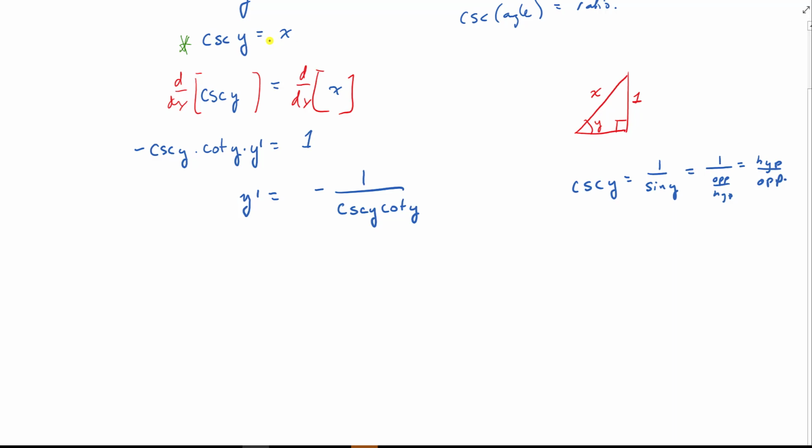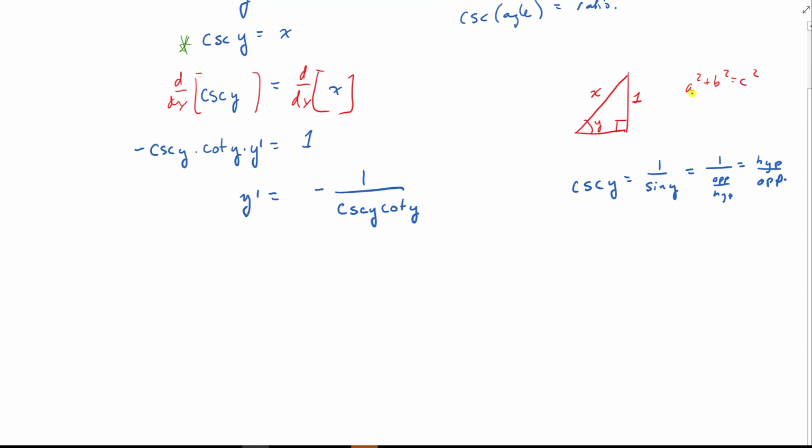Folks, if you're still having trouble with how I use this right triangle to help me make some statements, please email me, let me know. Okay, so this right triangle is nearly solved for. We know the angle, we know the hypotenuse, we know the length of the opposite side. We're going to find the missing side here by using the Pythagorean theorem. Recall that we have a squared plus b squared equals c squared.